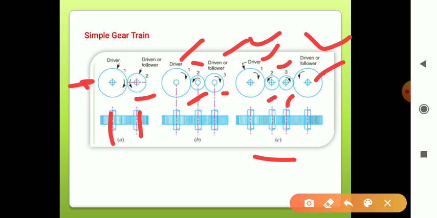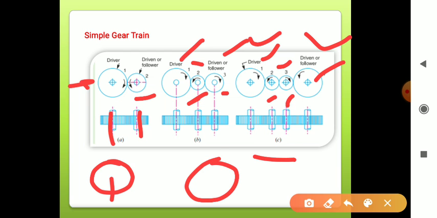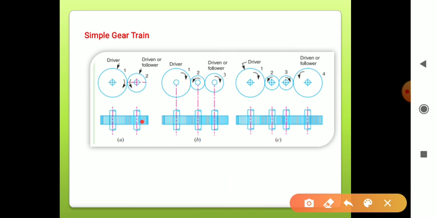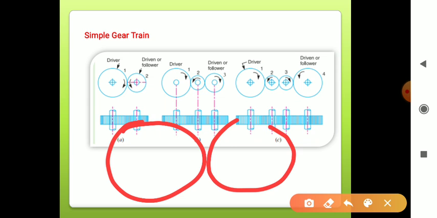Suppose we have to transfer the motion over a distance that may be large. Then we would have to make gears of large size, which is inconvenient and complicated to manufacture, and the structure will be heavy.